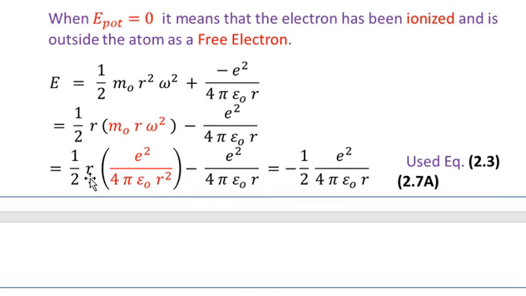So these two terms will be equal to each other. One term will be half of the second term, so the difference will be minus half. So minus half into E square over 4 pi epsilon naught r is actually the total energy of the electron in the Rutherford atomic model.